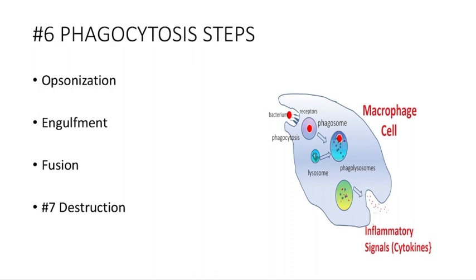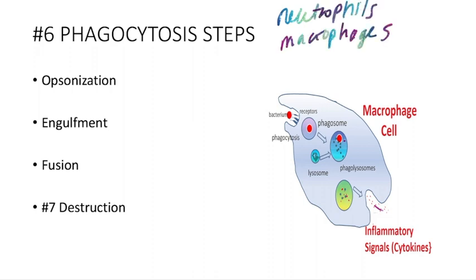We have the bacterium. We have those receptors. Basically it brings it in. We have a phagosome. We have the lysosome that binds to it. We then have a phagolysosome. We end up with breaking down the bacteria. We get those degradation products. The two main phagocytes are neutrophils and macrophages.